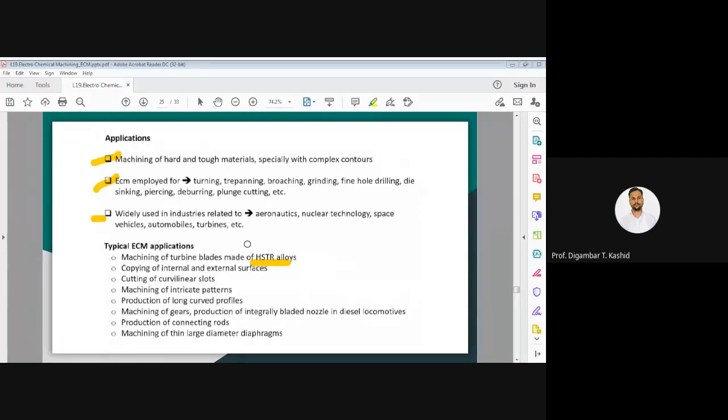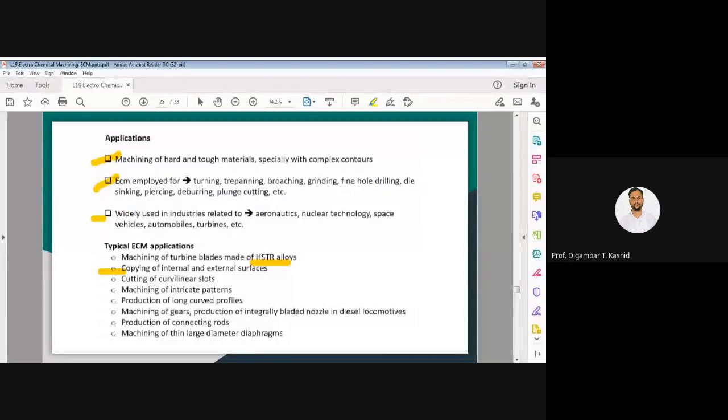Then the second typical application is copying of internal and external surfaces. Then cutting of curvilinear slots. Any kind of curvilinear slot you want to cut, you first have to generate a tool.